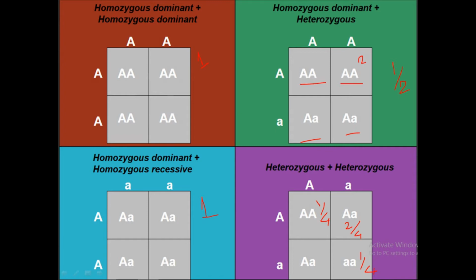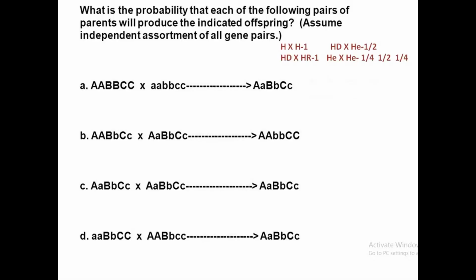So now let's solve the questions. We have learned that homozygous into homozygous is 1, homozygous dominant into heterozygous we get the ratio of half, homozygous dominant into homozygous recessive we will get 1, and heterozygous into heterozygous we will get 1 by 4, 1 by 2, and 1 by 4 ratio.